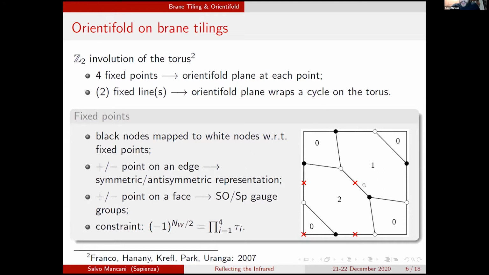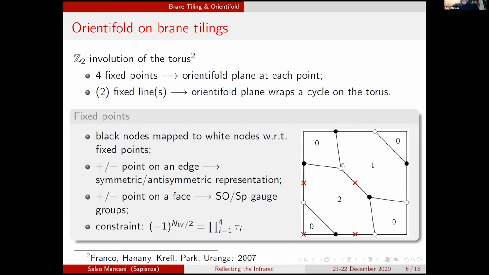Here we have an example with 4 fixed points, and whenever a point lies on an edge, then the corresponding bifundamental field can be projected into a symmetric or antisymmetric representation. In case the fixed point lies on a face, then the gauge group will be orthogonal or symplectic.